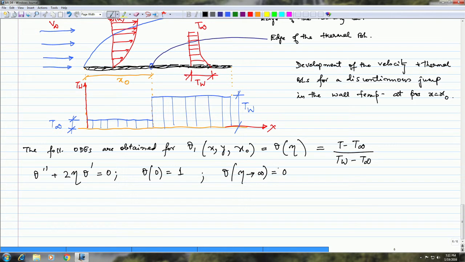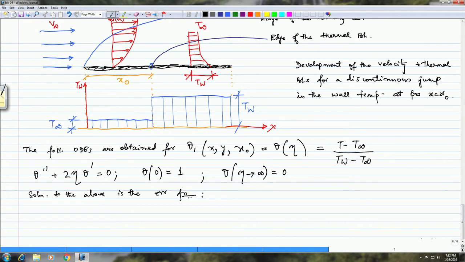So that's basically my equation. Now this is coming down to math and calculus. The solution to the above is the error function.